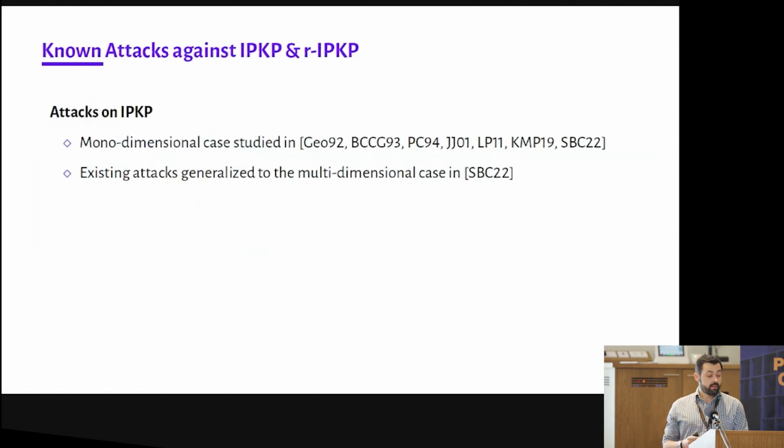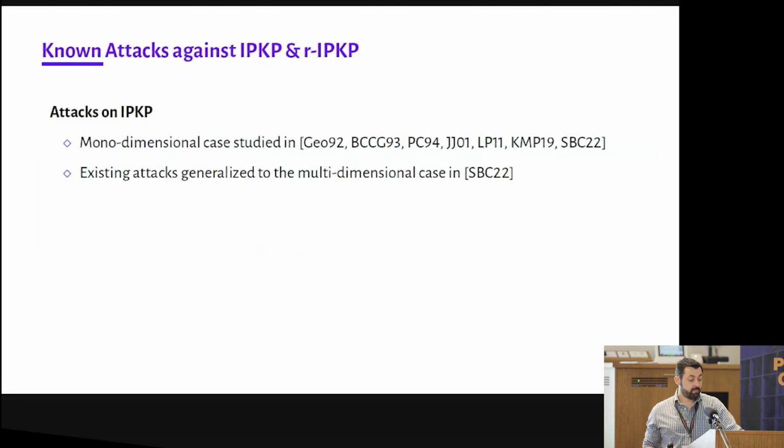Let's see what is known about its security in the literature. The monodimensional case has been well studied, starting more than 30 years ago with the work of Georgiades, and it has been improved over the years.